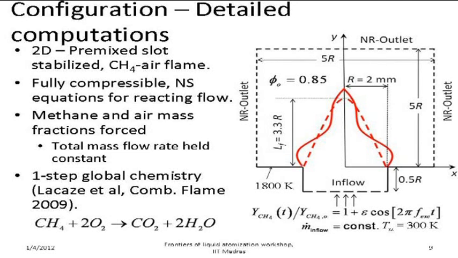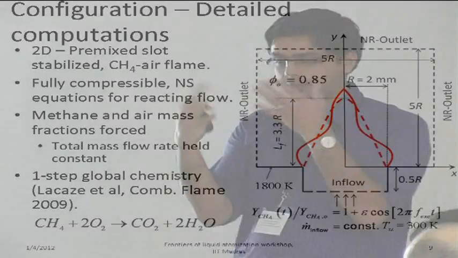Now this might raise a few eyebrows, because that is fairly synthetic, but the aim is to make sure that I don't introduce velocity perturbations into the flow by letting the mass flow rate oscillate. And so I can just extract what the flame does only when it sees an equivalence ratio perturbation.